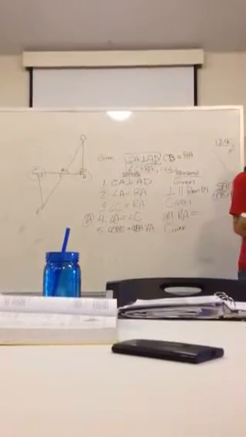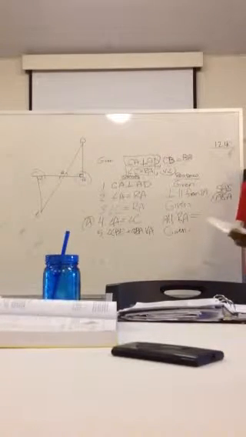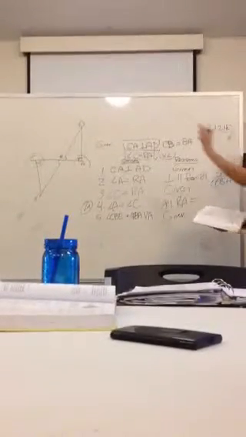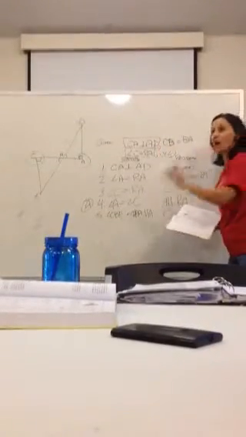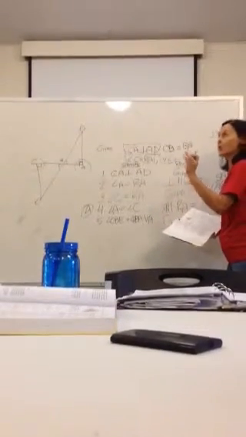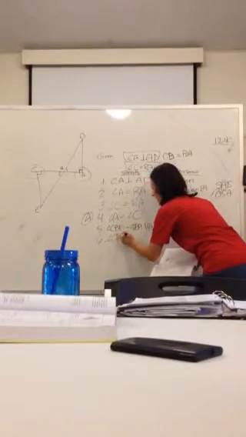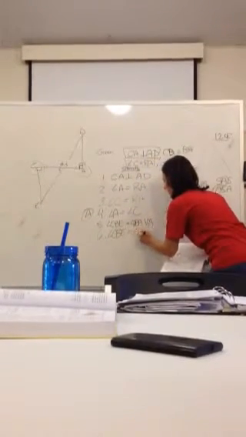And because vertical angles are given, now we can say that they're equal, right? We're going to take what is given, decide what we can conclude from that. So I can conclude that angle CBE equals angle DBA.